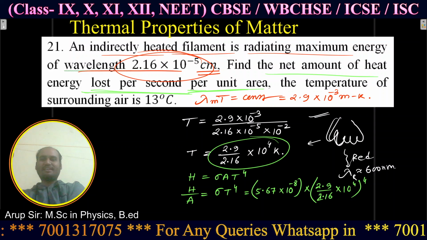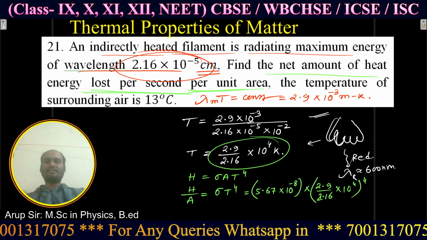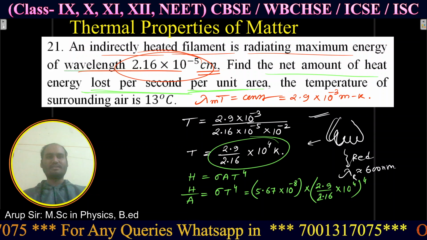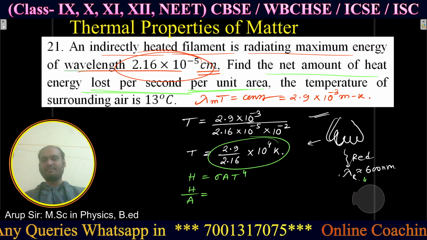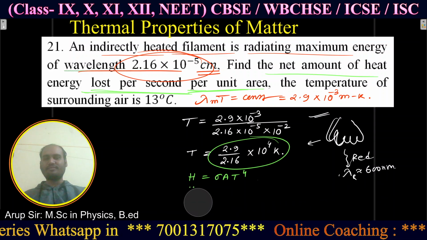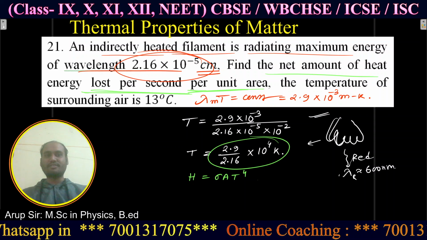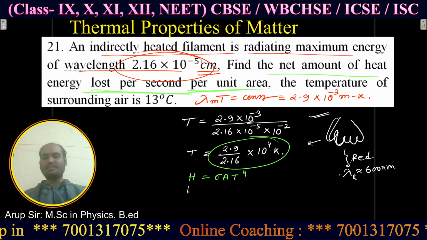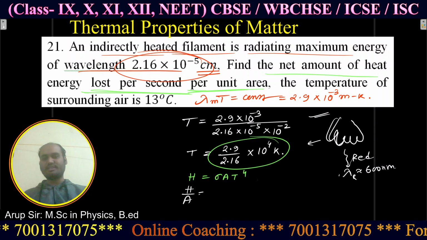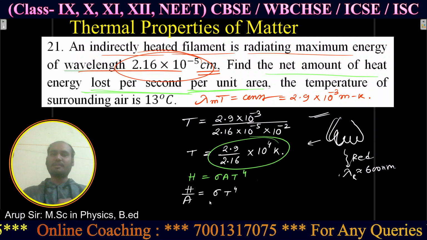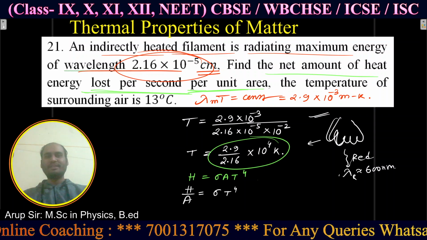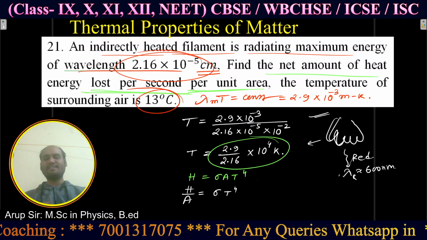Sorry, I made a mistake. See how carefully you have to deal with each and every formula, each and every numerical of thermal properties of matter. Sigma T to the power 4 will not be valid for this question, because there is a temperature in the surrounding.